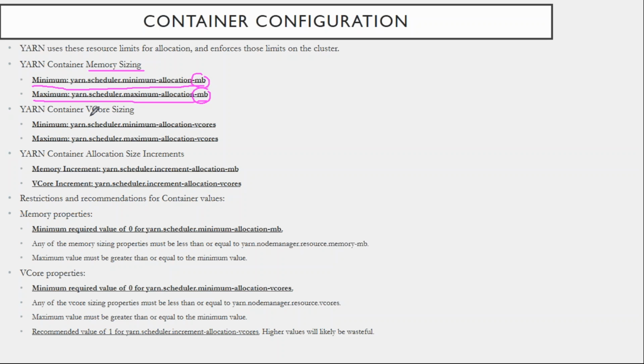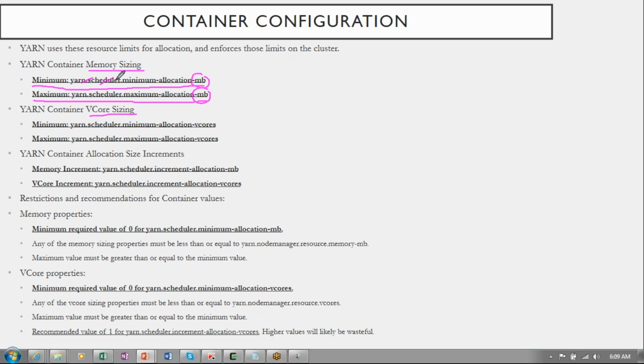Now let's talk about virtual core sizing, which is CPU. Very simple. yarn.scheduler.minimum-allocation, here they have given memory. Here they are talking about vCores. Here also yarn.scheduler.maximum-allocation, which is vCores, means CPU. This is done. In this way, you're talking about memory sizing, you're talking about vCore sizing.